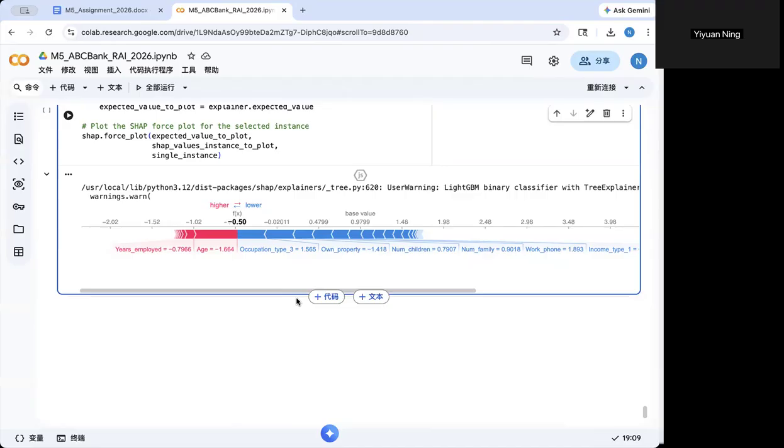In this example, although features like years employed and age increase the prediction, the combined negative impact of features such as own property, occupation type 3, number of children, and account length is stronger. Therefore, the final prediction is pushed below the baseline, and the model classifies this instance into the negative class.